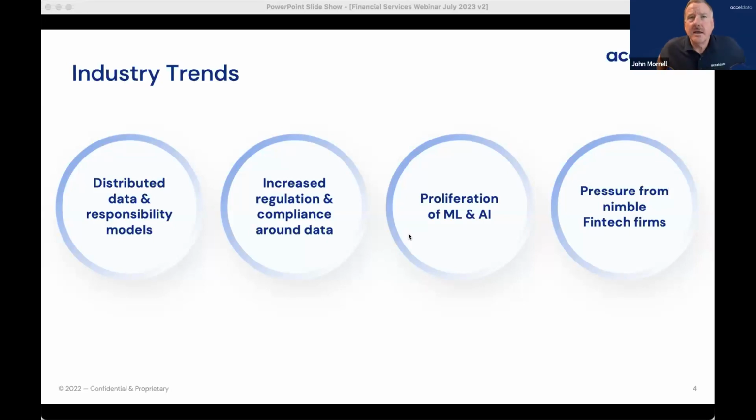Thanks, Chris. You mentioned a little bit about this in what you just talked about, but bad or poor quality data can have a huge impact in many different places, many different processes, many different departments in financial services.